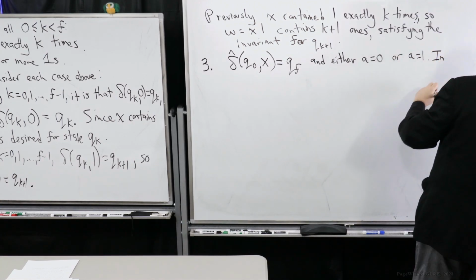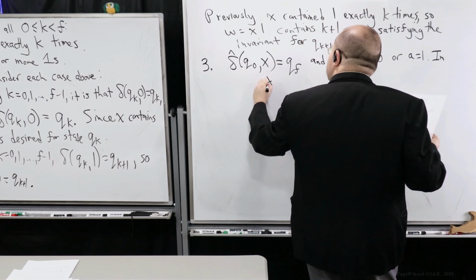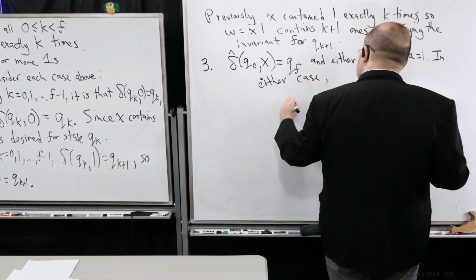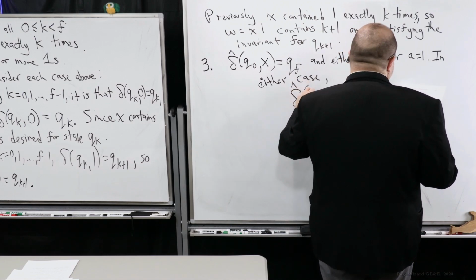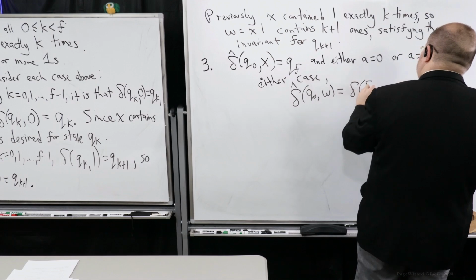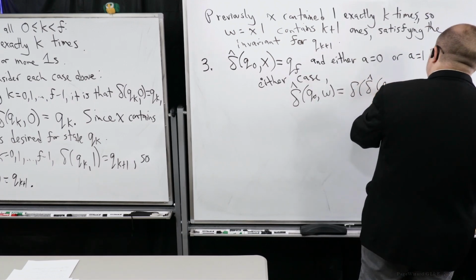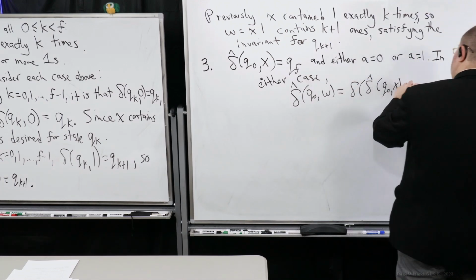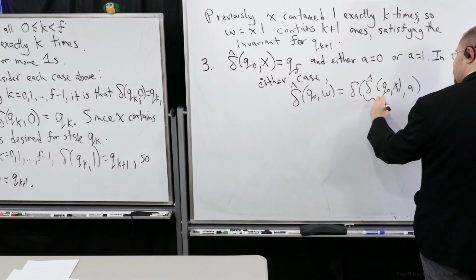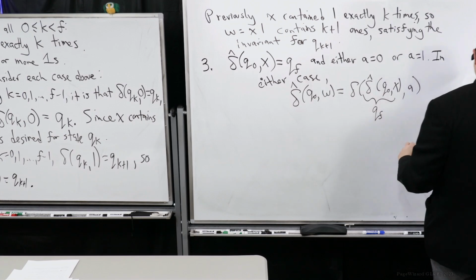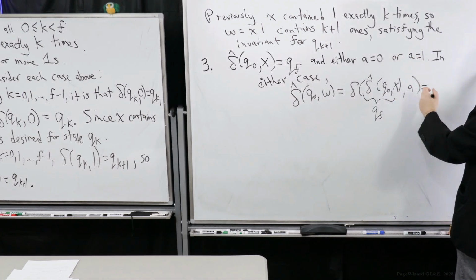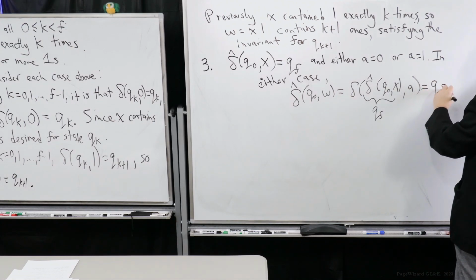So in either case, delta hat Q0 W is equal to delta of delta hat Q0 X, A. But we know what this is. This is QF. But remember, regardless of if it's a 0 or a 1, it stays in QF.